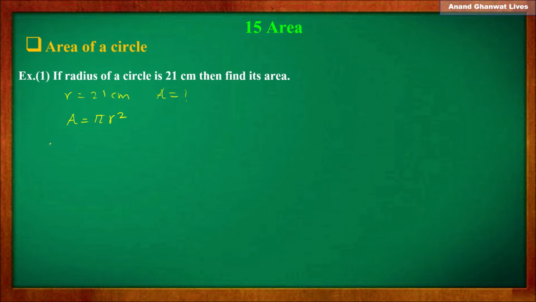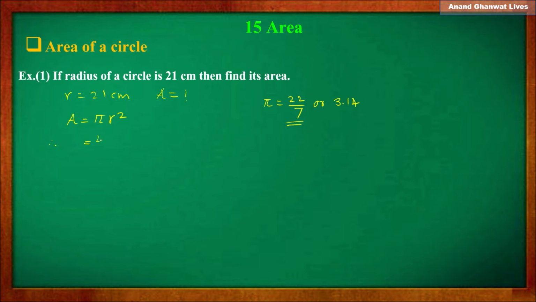Now for pi you can take the value as 22 upon 7 or 3.14. So take suitable value so that the calculation will be easy. Here radius is 21 centimeter and 21 is divisible by 7. Therefore we will take the value of pi as 22 upon 7.